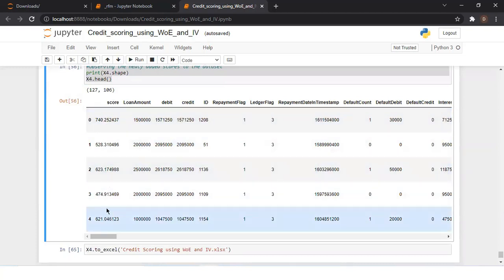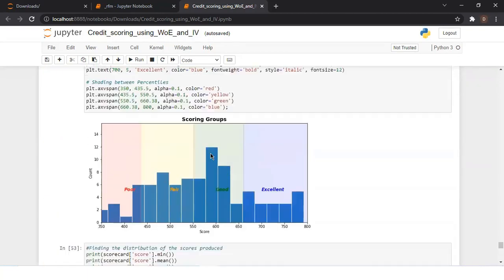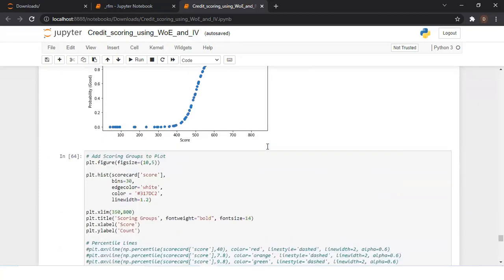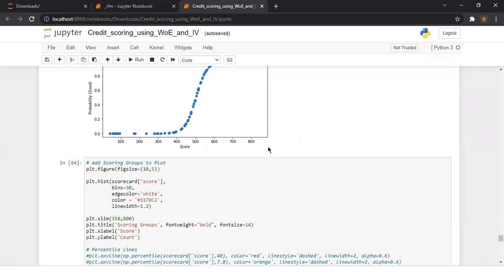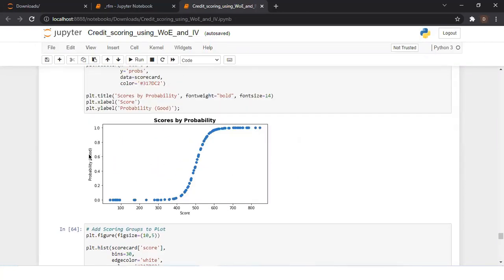So this is how financial institutions, or the rating agencies, arrive at this score. This method is called the probability of being good or probability of being bad method to ascertain the credit score. This is one of the methods leveraged by these financial institutions.